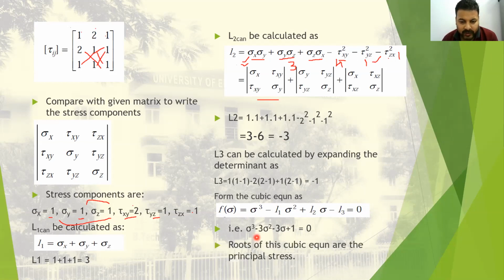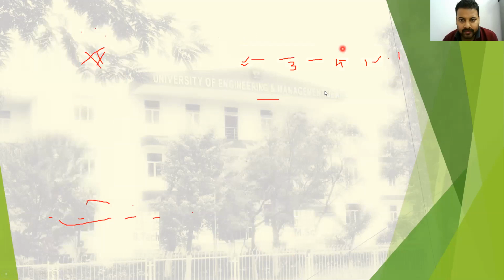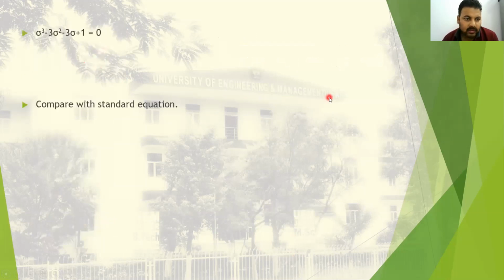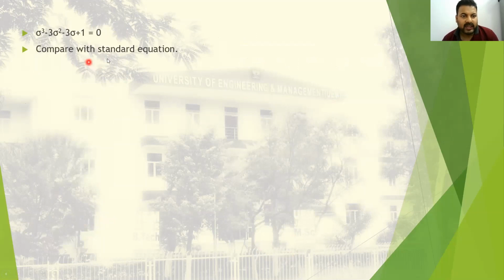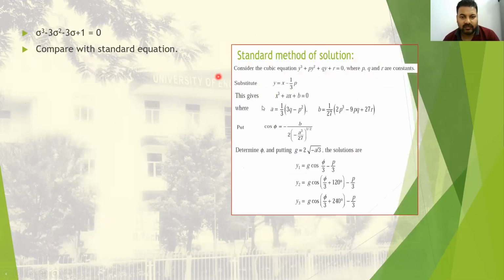So let's see how to find out the roots of this cubic equation. Obviously the method is simple. The simple method is to adopt that general equation. So you have to compare with the standard equation, and the standard equation, as you can see here, this one is a standard equation.